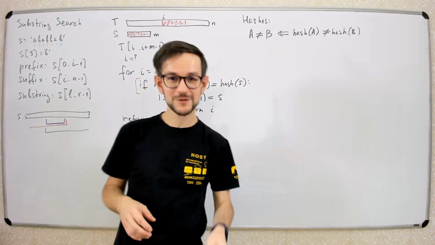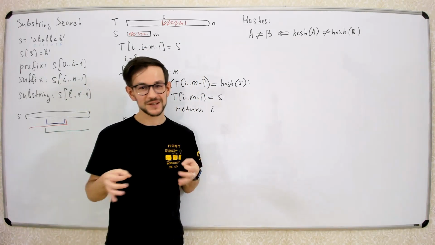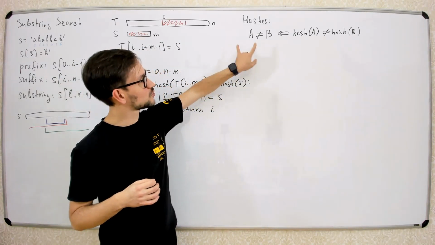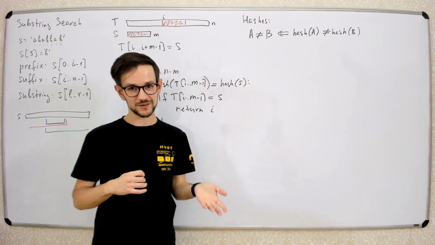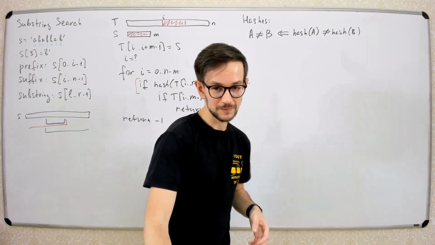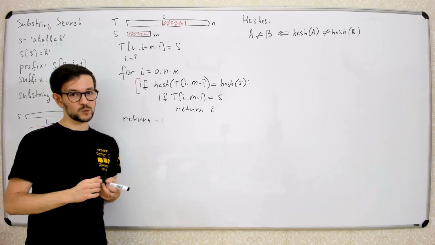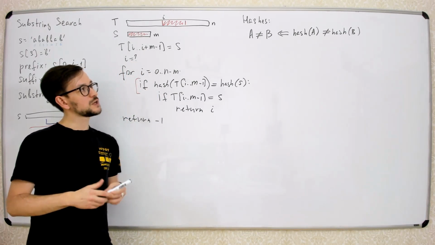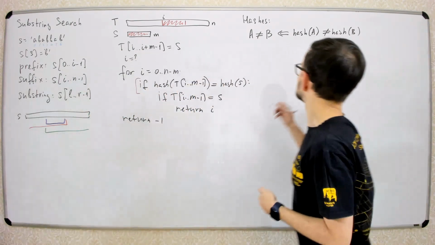Sometimes you may have two different strings having the same hash function. That's a collision. Sometimes collisions happen. So we need to find a good hash function, such that if two strings are not equal, then the probability of a collision is small.